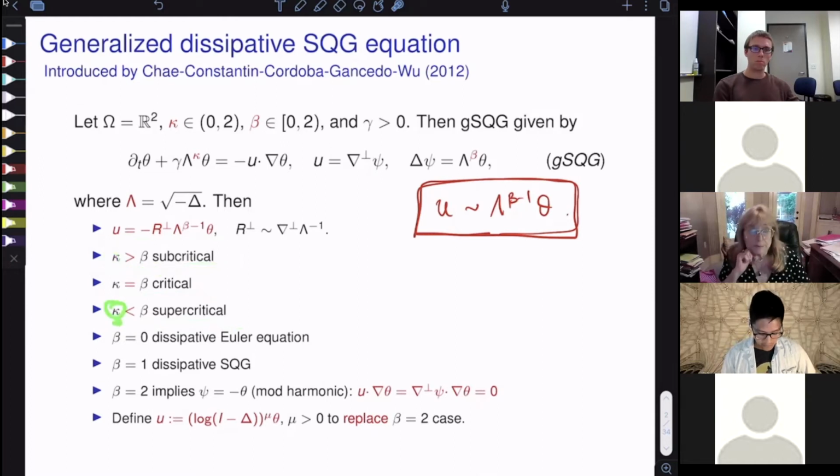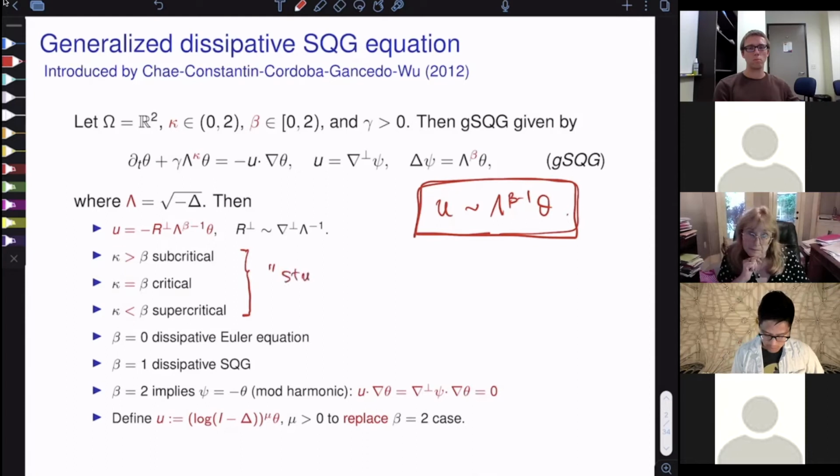The supercritical one will denote when kappa is less than beta, and when they're equal, we'll refer to that as the critical case. So I'm going to make this distinction later, but this form of criticality, I'm going to abuse that word a little bit during this talk, refers to what I'll call structural criticality.